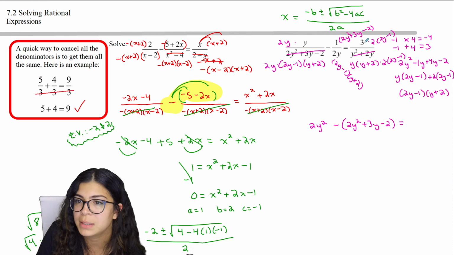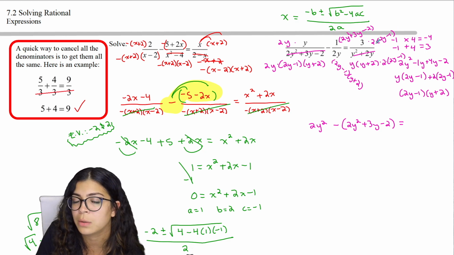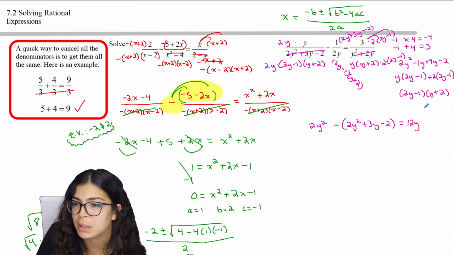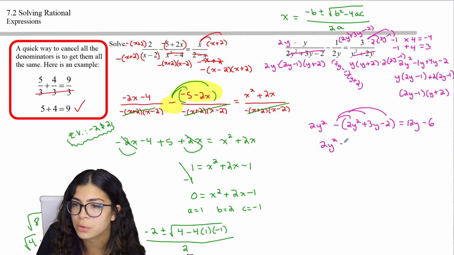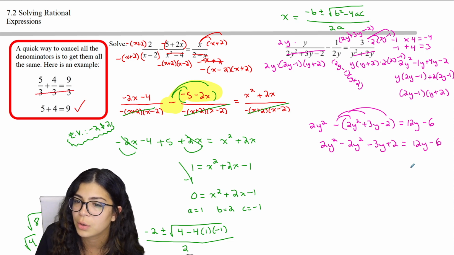And on the right hand side, 3 times 2 times 2y minus 1. Well, 3 times 2 is 6. 6 times 2y is 12y. 6 times negative 1 is negative 6. And let's distribute the negative here. So we have 2y squared minus 2y squared minus 3y plus 2 equals 12y minus 6.